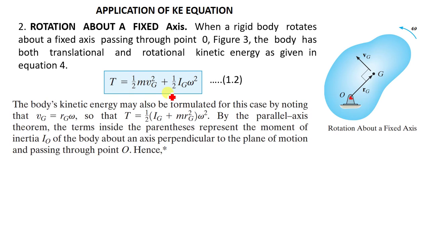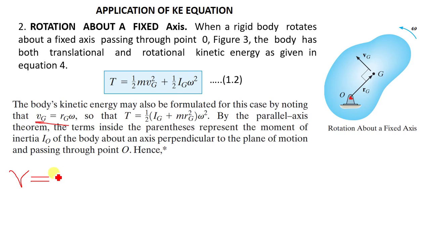The body's kinetic energy may also be formulated for this case by noting that Vg is equal to r_G times omega. This is a formula we all know for the translational velocity.